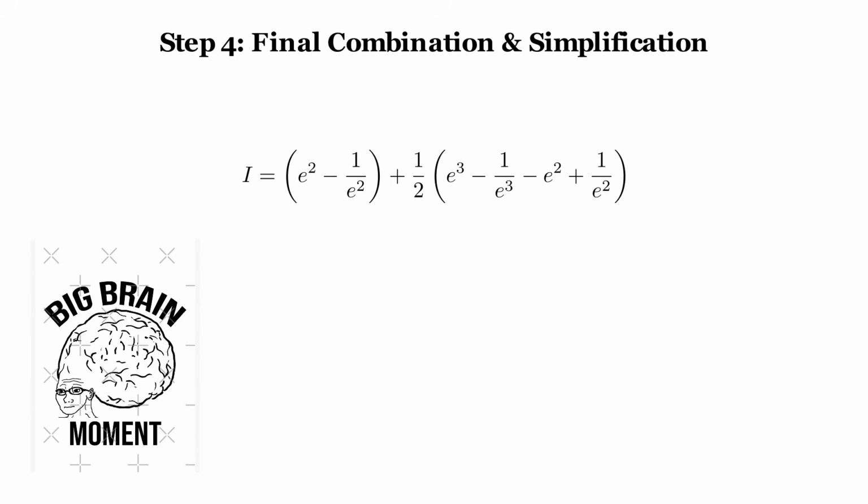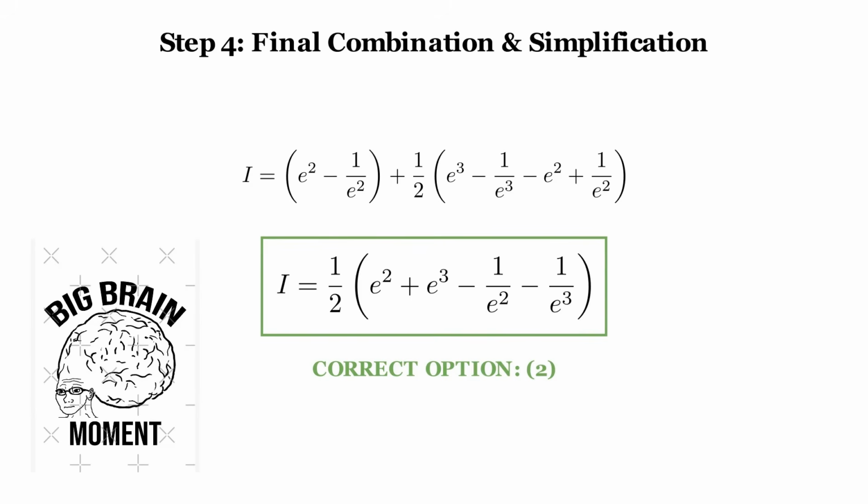So factoring out the common 1 by 2 from all the terms gives our final expression, that is I is equal to half of e square plus e cube minus 1 by e square minus 1 by e cube. Checking the exam options, this gives us the correct option, that is option number 2.